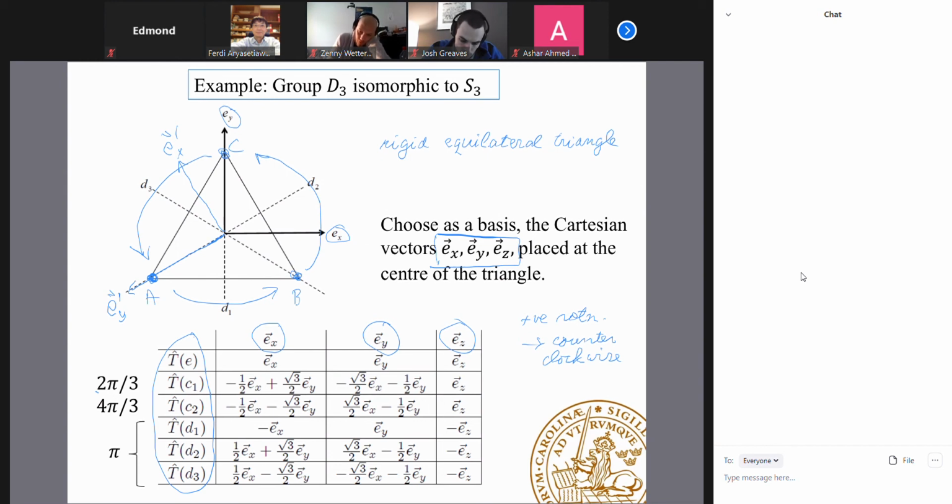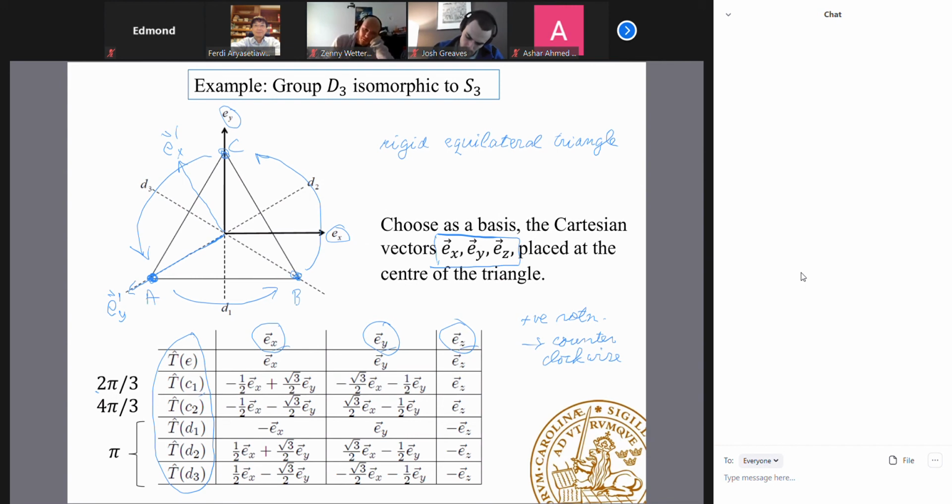So you're beginning to guess now that this Ez forms a separate subspace. It is not affected by the rotations around the Z-axis. So if we look at the effect of C1, a counterclockwise 120 degree rotation, on Ex, Ey, and Ez, then we can easily figure out what that is.